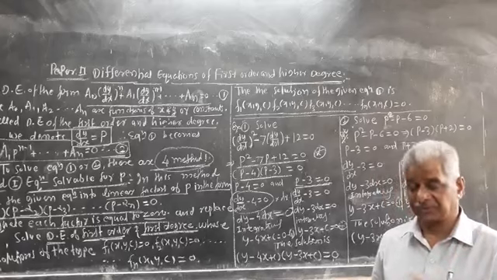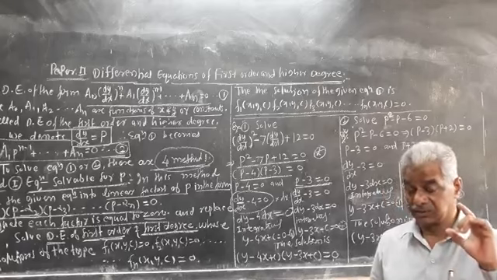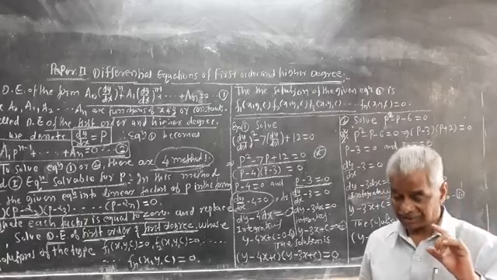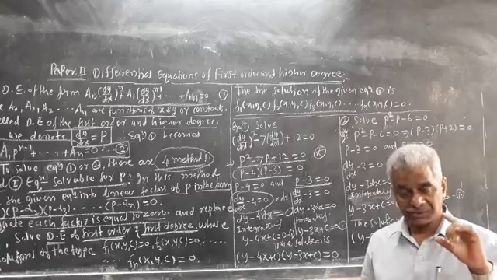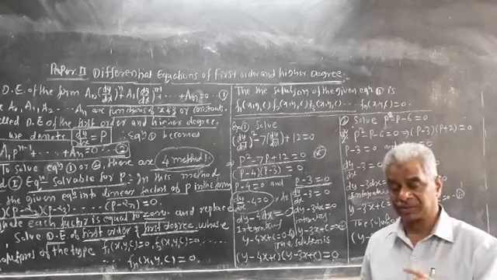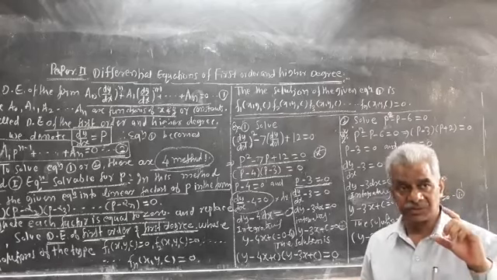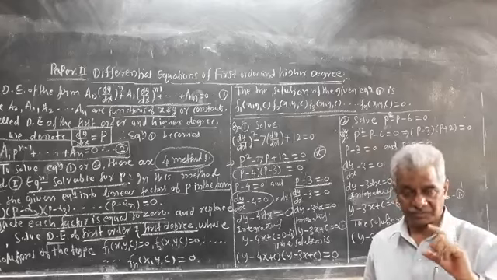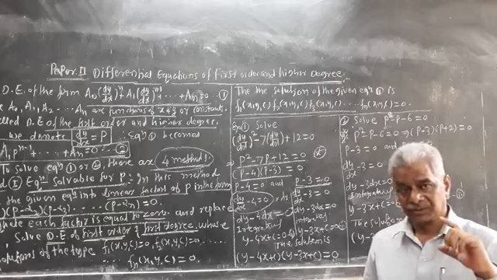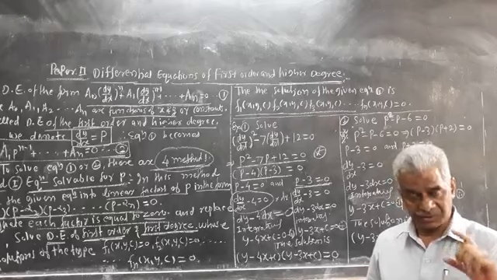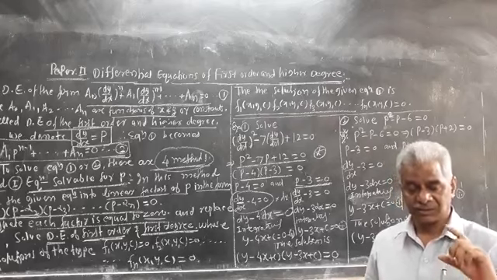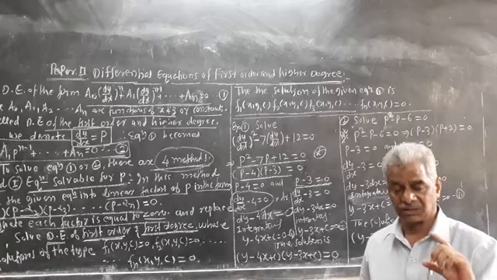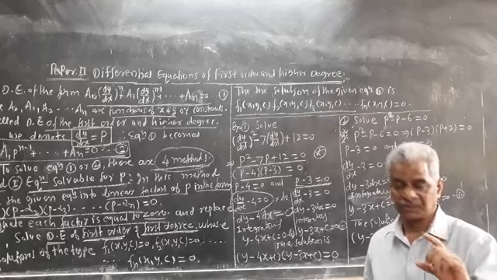Then the second step is that, according to that type of differential equation, you have to choose the correct method. If you fail for these two methods, then it is not possible to get the required solution of the given differential equation.